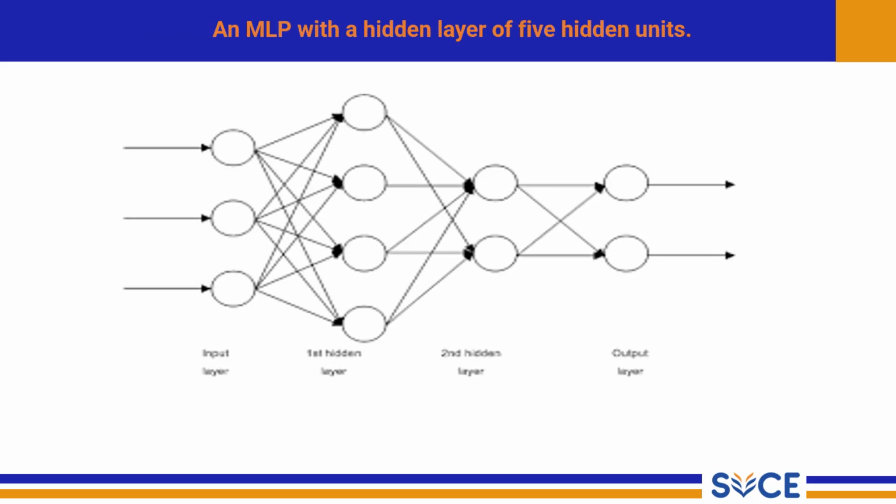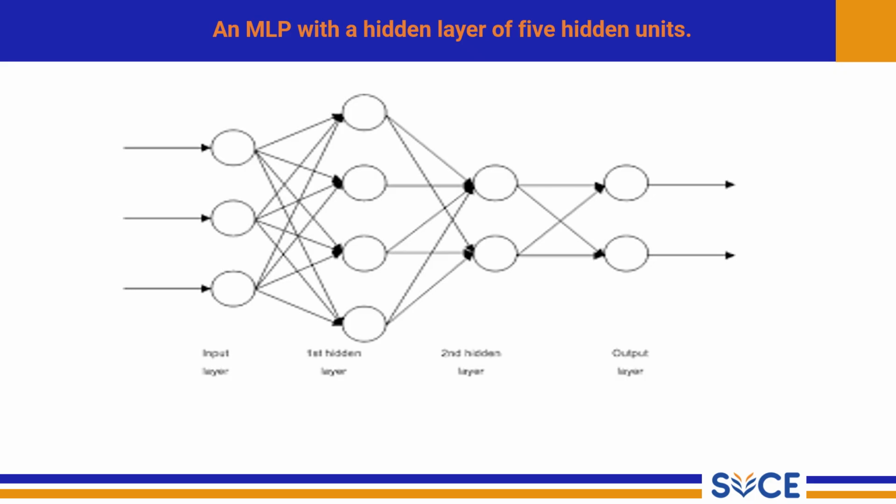And this is the architecture of an MLP with a hidden layer of 5 hidden units. An MLP is a type of artificial neural network composed of a stack of layers. The input layer receives the raw data, features like here x1, x2, x3 and x4, and one or more hidden layers can be used. Here it performs the computations.